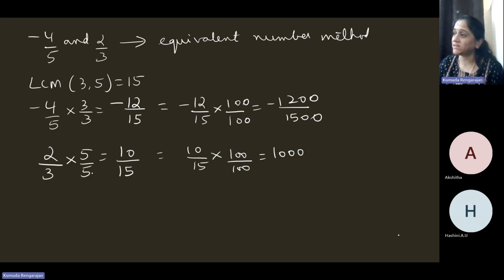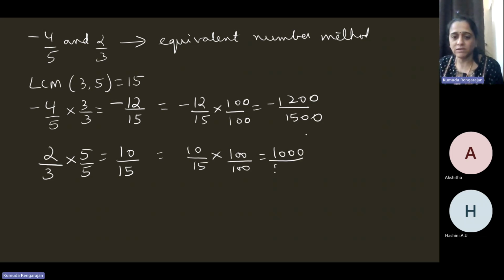What is 5 by 5? We are always multiplying by 1. Only when you multiply by 1, you're not changing the value of the given number. It looks like 100 by 100, but the value is 1. 1000 by 1000 is 1.